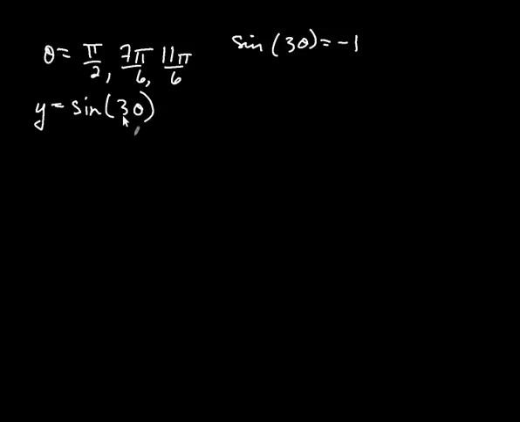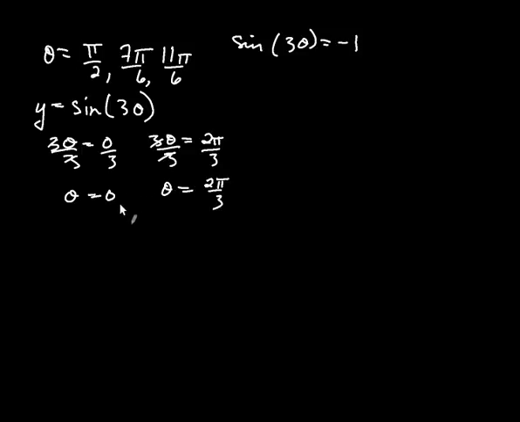Because all this is a sine function where the period has been changed. And the way we do that is we first let 3 theta be equal to 0, and then we let 3 theta be equal to 2 pi. And then we divide both sides by 3. So we get theta is equal to 0. And then over here, dividing both sides by 3, we get theta is equal to 2 pi over 3.